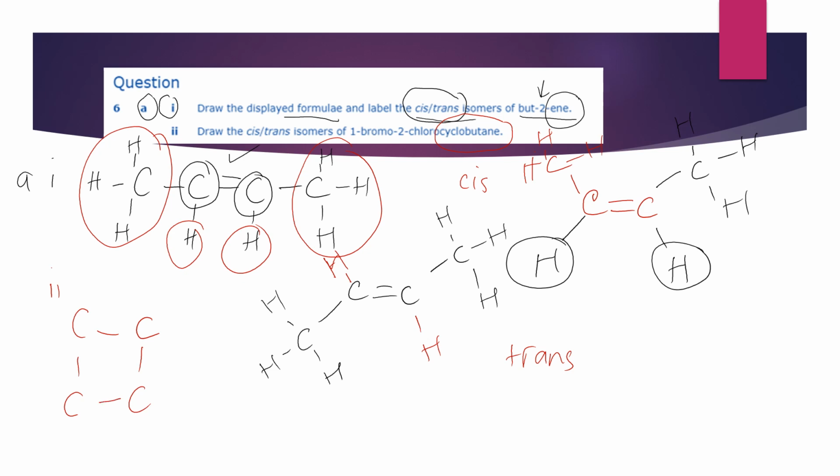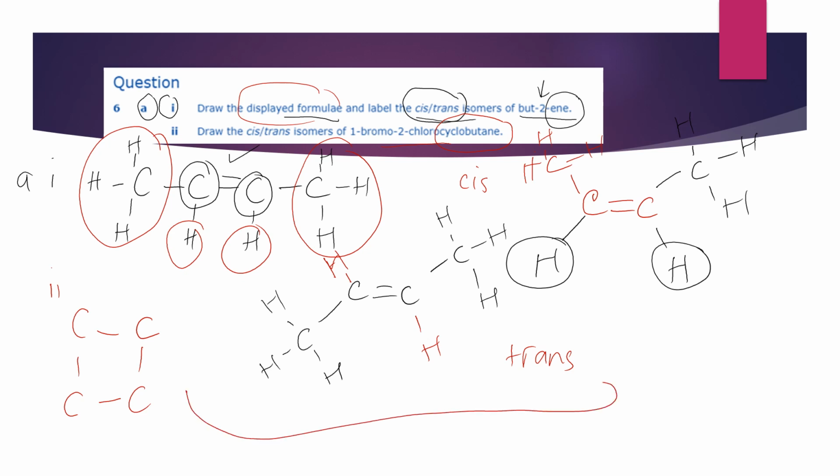And then draw the cis-trans isomers of here. No special question of displayed formula. You just ask the cis-trans isomers of 1-bromo-2-chlorocyclobutane.